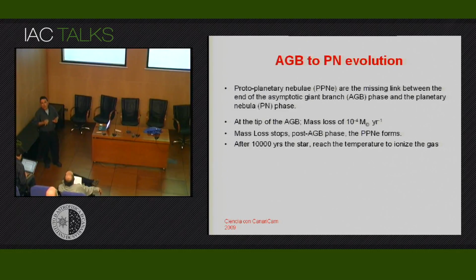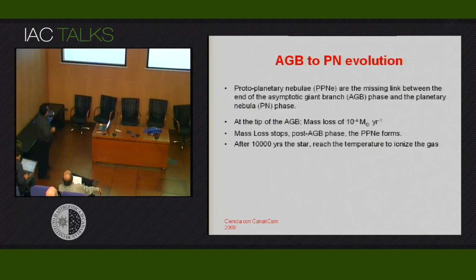I have to say ionization hasn't started yet in this object. The nebula in the optical images I will show later is a reflection nebula. So we are seeing the beginning of the protoplanetary nebula phase.